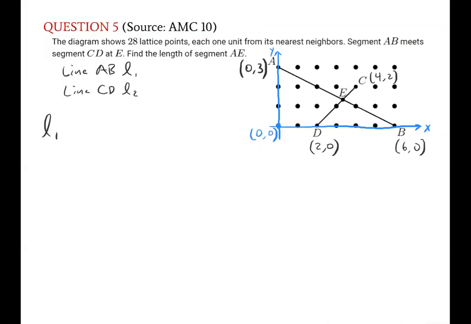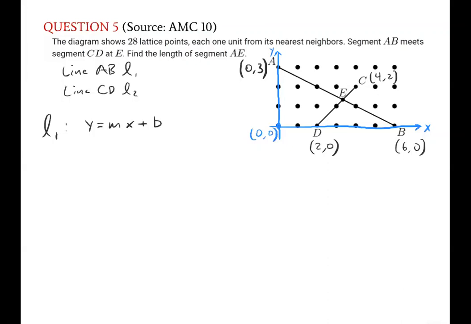For the line L1, we're going to use slope-intercept form. That's y equals mx plus b. m is the slope and b is the y-intercept.